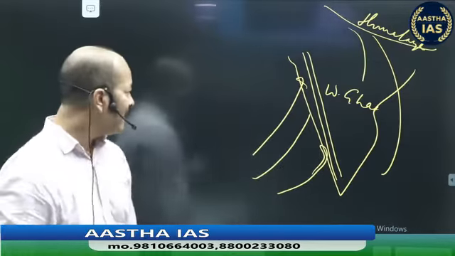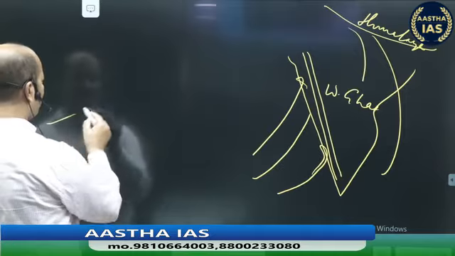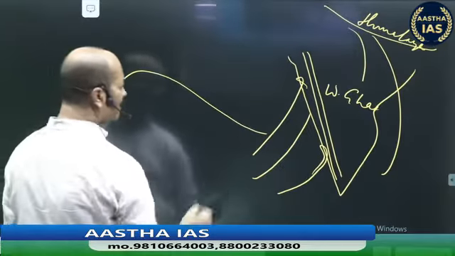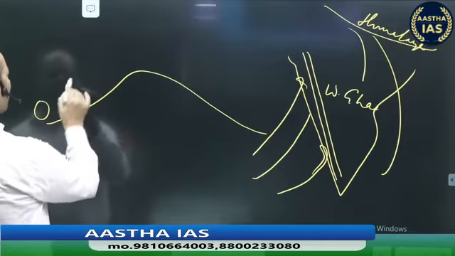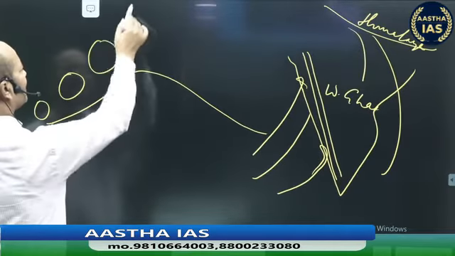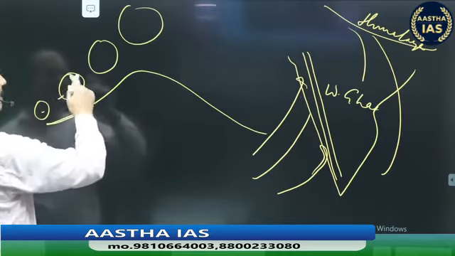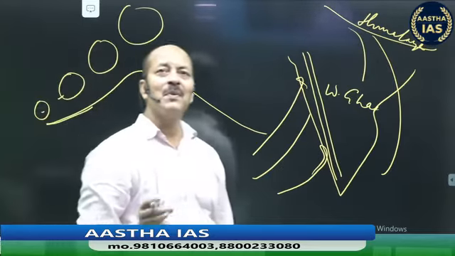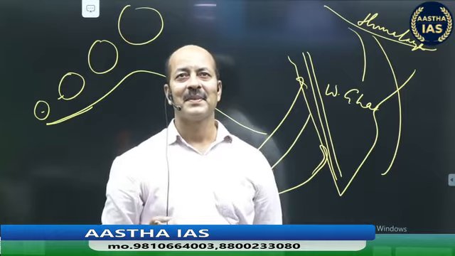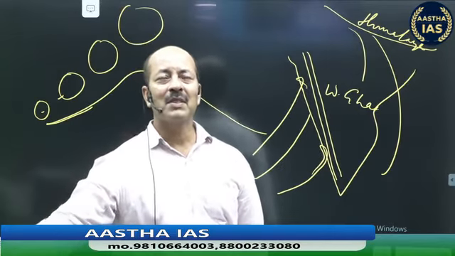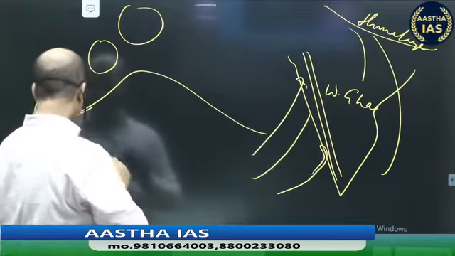Got that? See, in this area we have a mountain, like the Western Ghat. The wind is moving along this mountain. As it is a barrier, the wind will rise with the slope of the mountain.